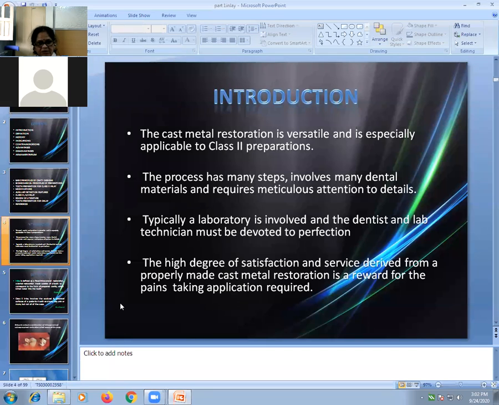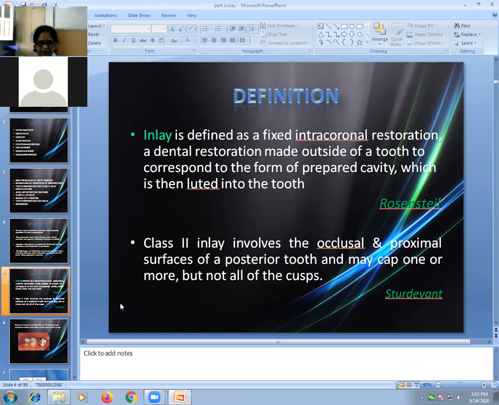At that time cast metal restorations were selectively used. You know about the cast metal alloys; gold alloys will be used for this restoration. Mainly the laboratory work will be done. The cast restoration will be fabricated in the laboratory, then fixed into the oral cavity.